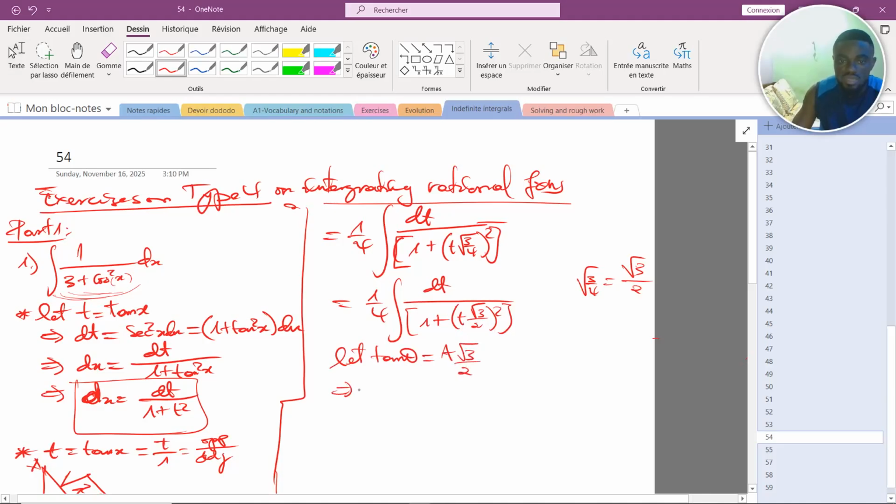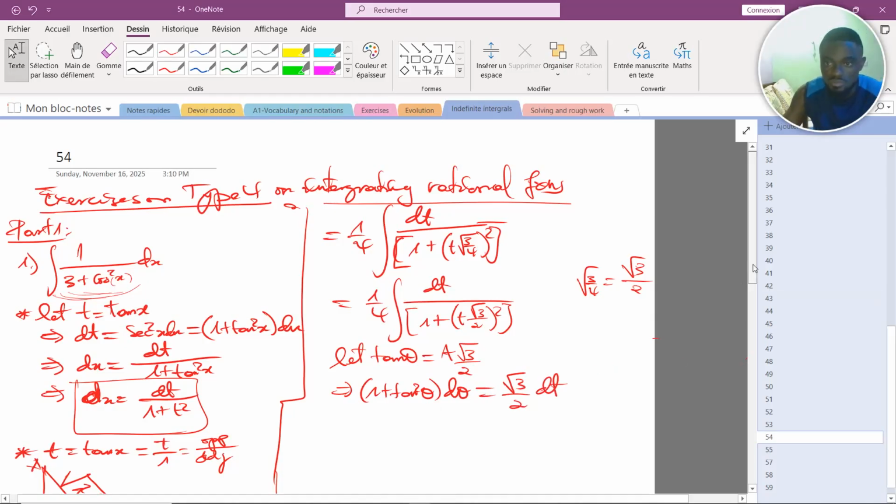So this implies I differentiate this implicitly because I will have to substitute dt here. So when I differentiate this, it is 1 plus tan square theta. The derivative of tan theta is sec square theta, or again 1 plus tan square theta. Since I was differentiating with respect to theta, this gives d theta, which is equal to, when I differentiate this, root 3 on 2 times dt.